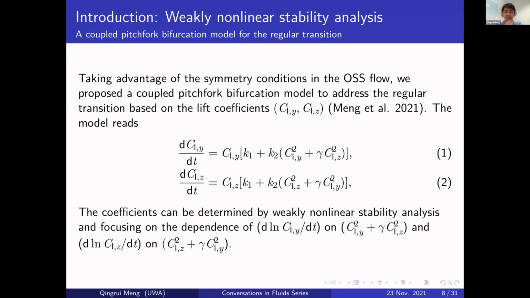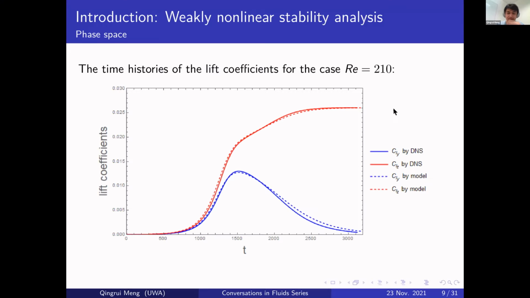These coefficients can be determined by weakly nonlinear stability analysis, by focusing on the dependence of these four quantities. Because we have DNS results, we can consider the relation of those quantities numerically, determine the values of the coefficients, and obtain the bifurcation model.